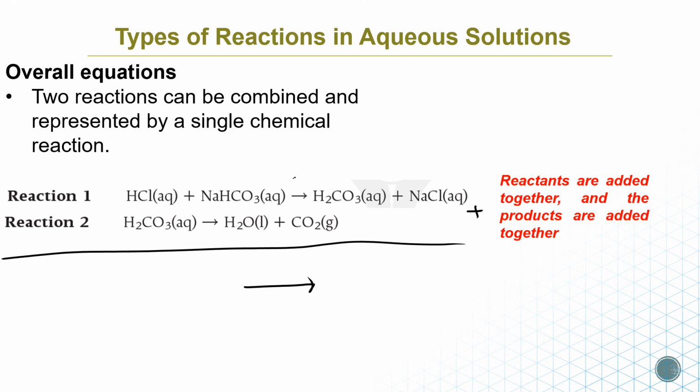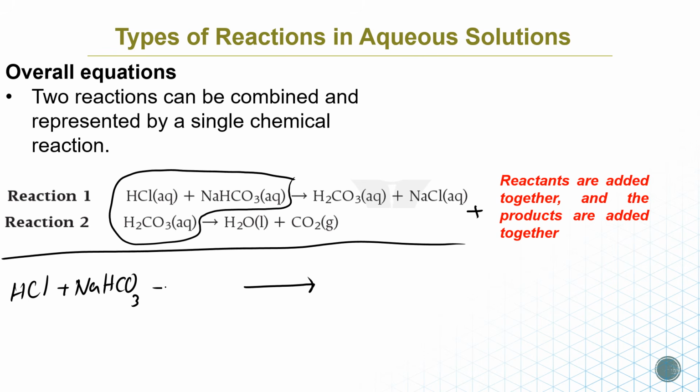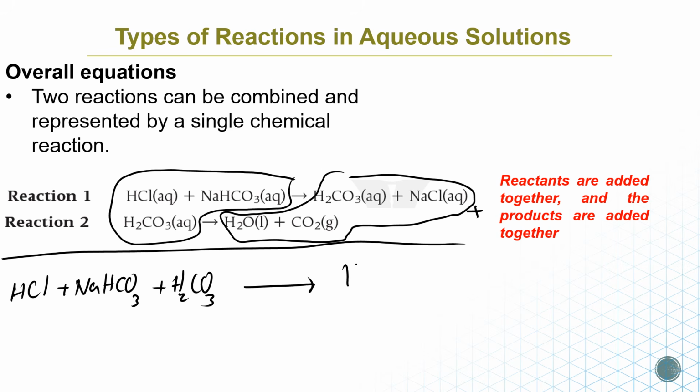Add the reactants together, the ones on the left of the arrow: HCl + NaHCO3 + H2CO3. We put the arrow and then add the products together: H2CO3 + NaCl + H2O + CO2.